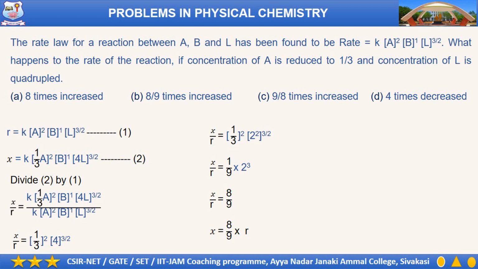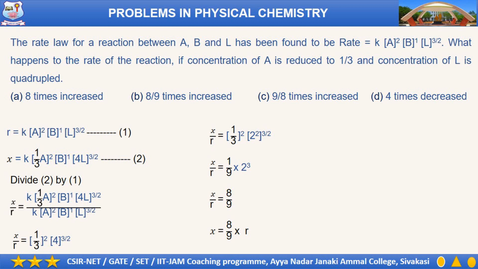And how to find out this one? You can see that A concentration is reduced to 1/3. Or you can apply this. What is the rate of this reaction? Let it be R. R is equal to K into A power 2 into B and L power 3. What is the rate X when the concentration of A is 1/3 of the original?